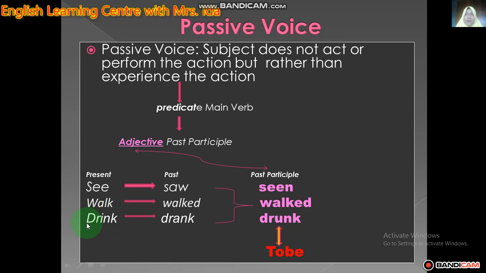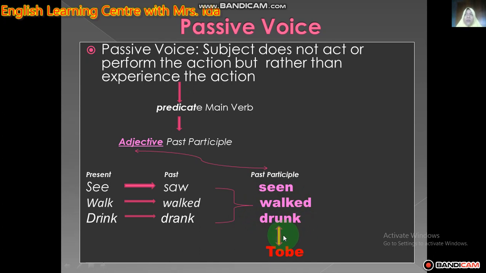Drink in present form, when we want to explain the action in passive voice, we have to change into past participle and become drunk. So all these main verbs have to be changed into past participle when you apply them in a passive voice sentence.